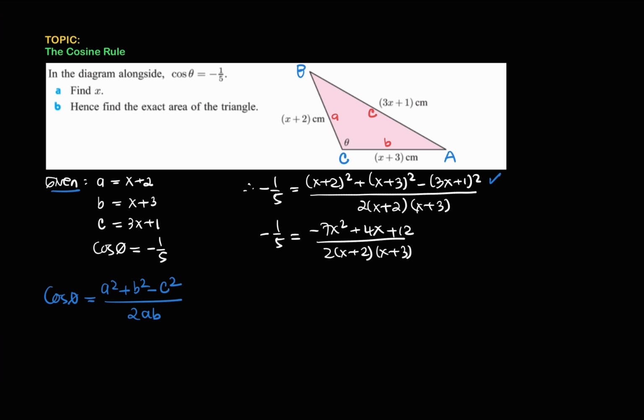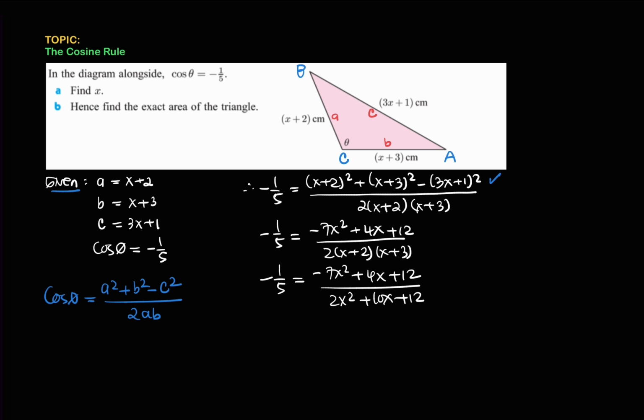That's how we simplify it. Simplifying the denominator, I get -1/5 equals (-7x squared plus 4x plus 12) over (2x squared plus 10x plus 12).